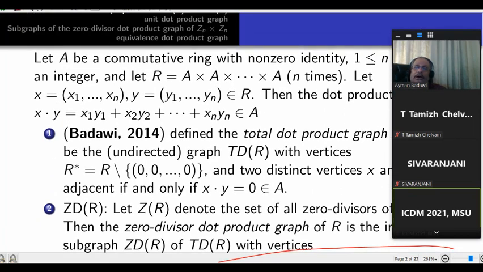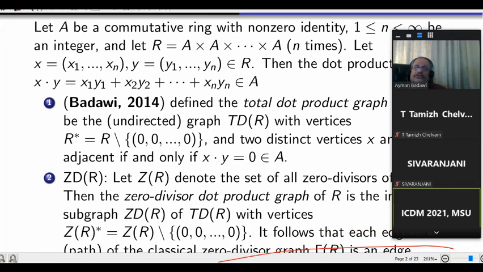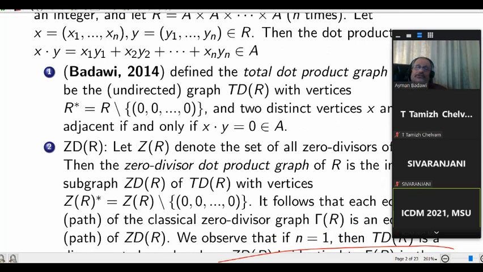So again, R is copies of A, the total dot product is R take away 0, and the zero dot product is where you take the zero divisors of the ring R. And of course, you can construct a subgraph inside the total dot product by taking only the non-zero zero divisors of the ring R.